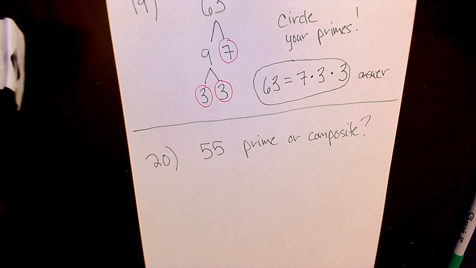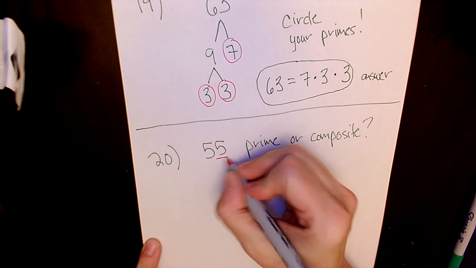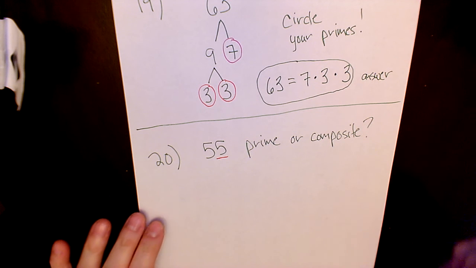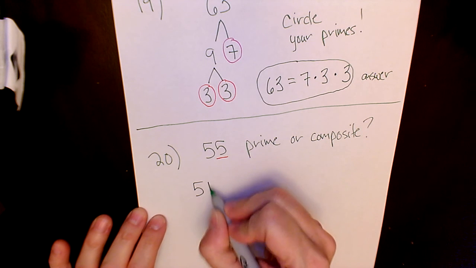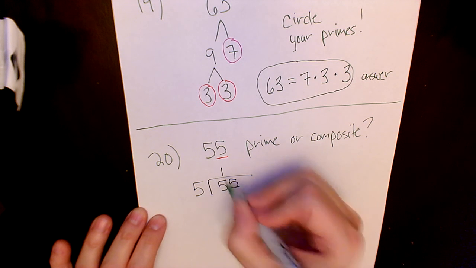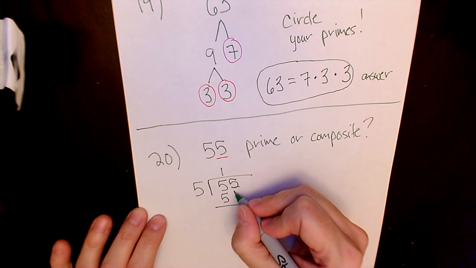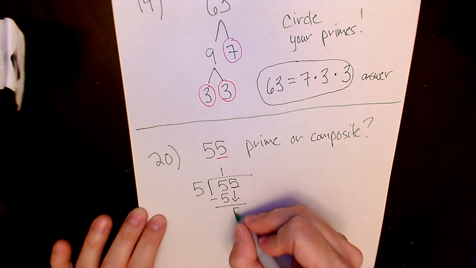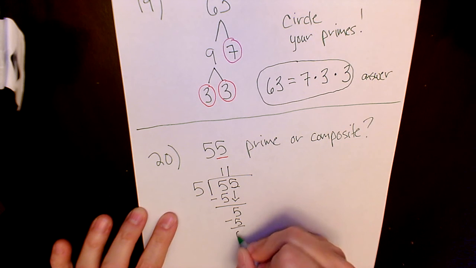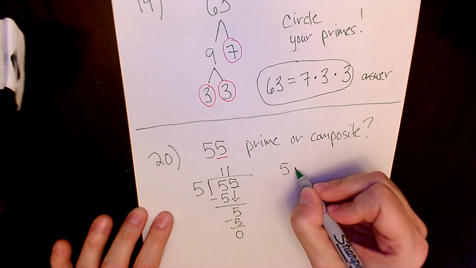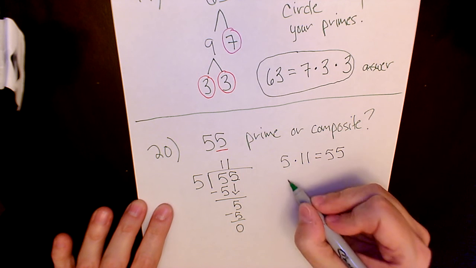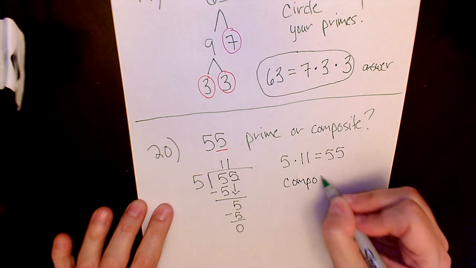So what I like to do is look at the last number, which is a 5. And I'm going to see, does 5 go into 55? And you might already know this. 5 goes into 5 again, one time. So it does go in. So that's all we have to show, so it's a composite.